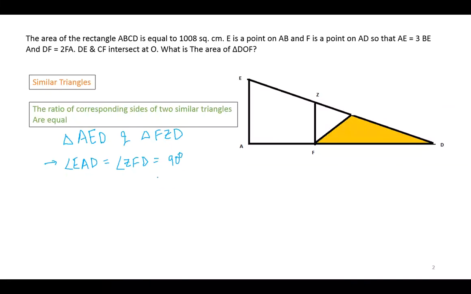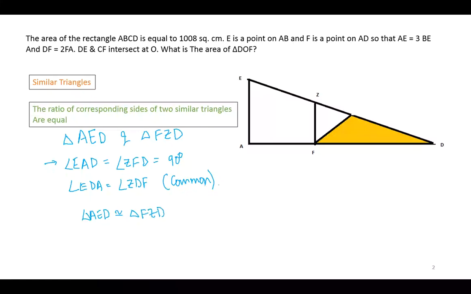Also, I have angle EDA, which is equal to angle ZDF, basically because it is common. Now, I've proved that two angles are equal. So I can say that triangle AED is basically similar to triangle FZD.